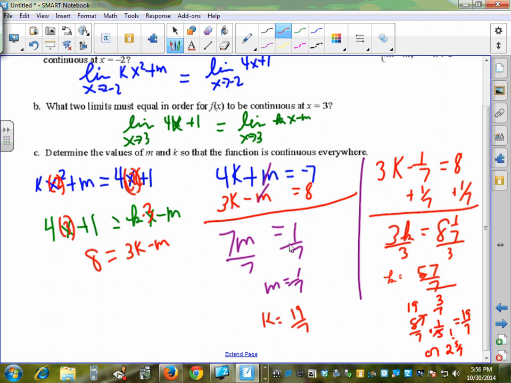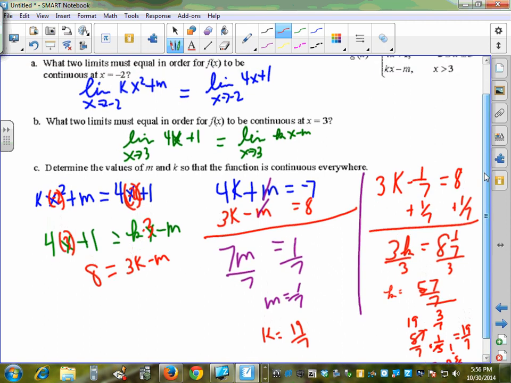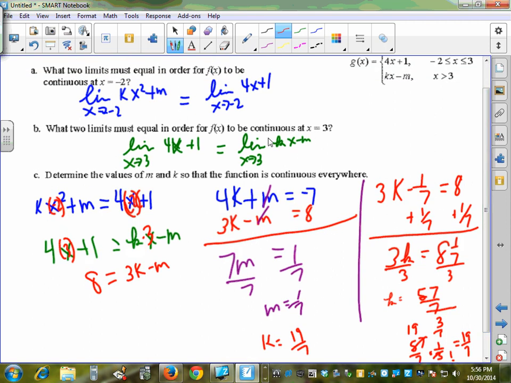Since I got these strange fractions, I want to check one more time and make sure I did this one correct before I go any further. Let's see, we know that that was equal to that at x equal to -2. -2 squared was 4. 4 times -2, that's it. It's equal to -7.